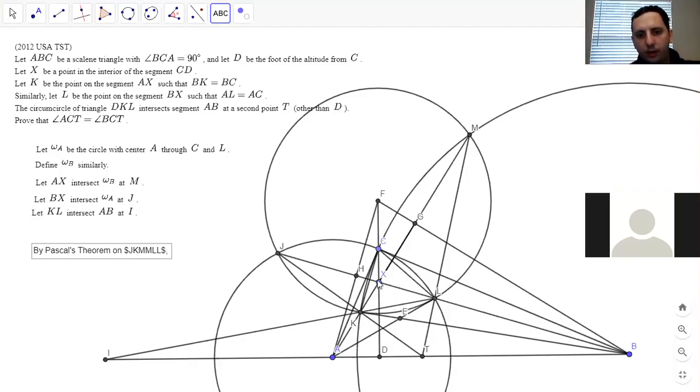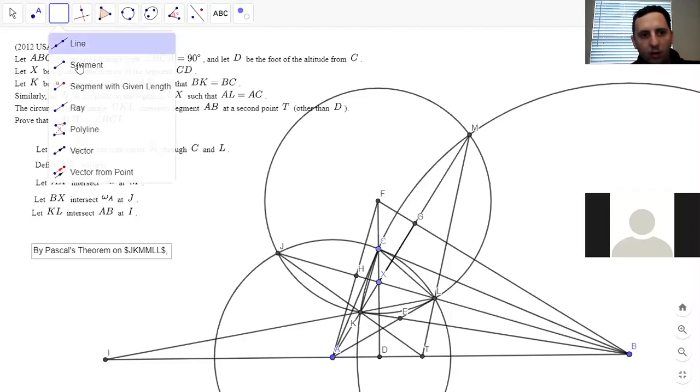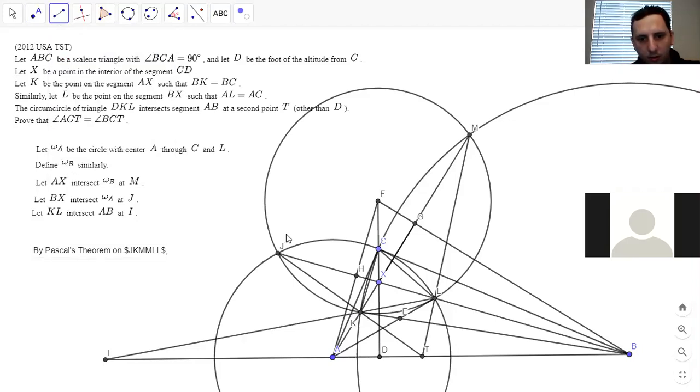Wait, are we defining T as the intersection of JK and ML? We define it as the intersection of XE with AB. But from Pascal, we know that JK and ML pass through T. Okay.